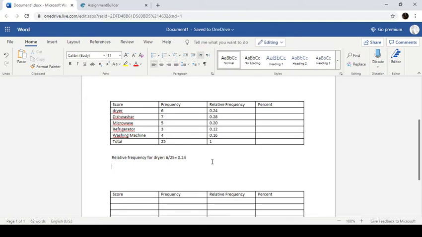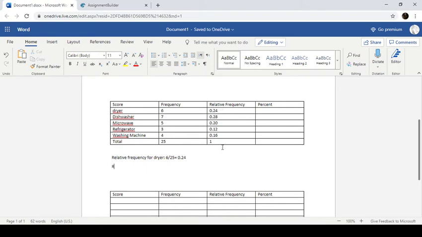So how about those percents? Well, we actually almost already have them. So our relative frequency, again, is a measure of how often this thing happens compared to everything else. So all we need to do is take these numbers and convert them to a percent, which we just need to multiply by 100, or move the decimal twice this way.